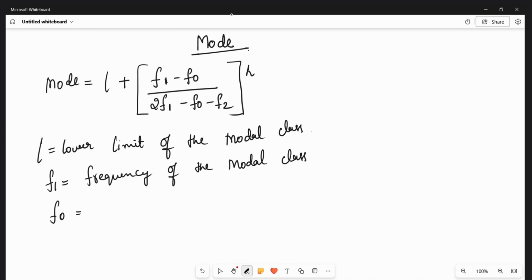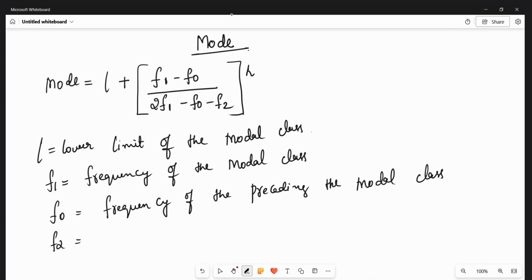F0 is the frequency of the preceding class, the class preceding the modal class.